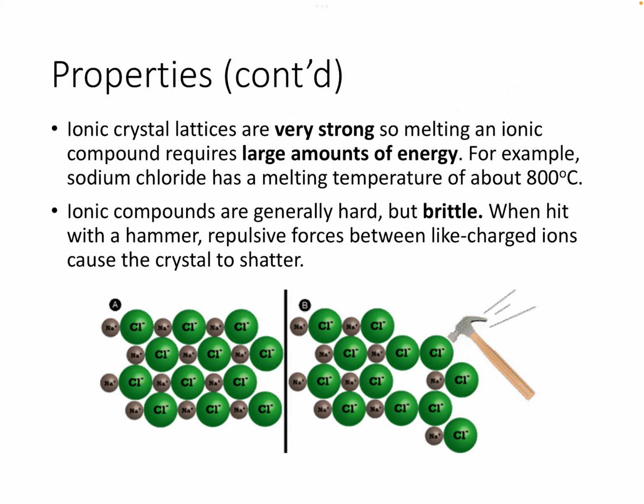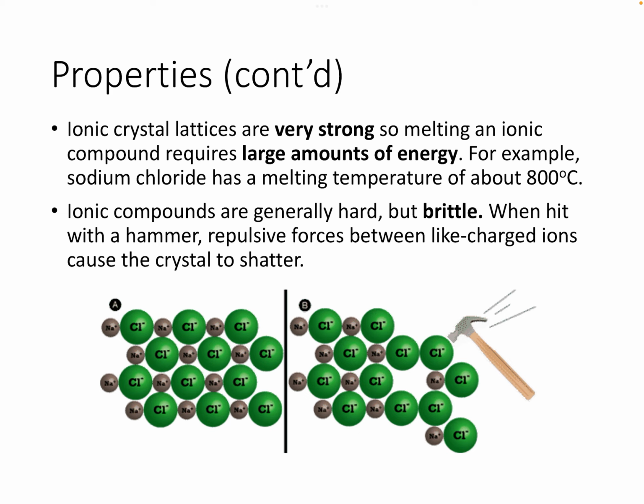Ionic crystal lattices are really strong. Those positive and negative charges are very attracted to each other. So it takes a lot of energy in order to break that bond, that ionic bond. For example, if we wanted to melt an ionic compound, we would need a really large amount of energy.